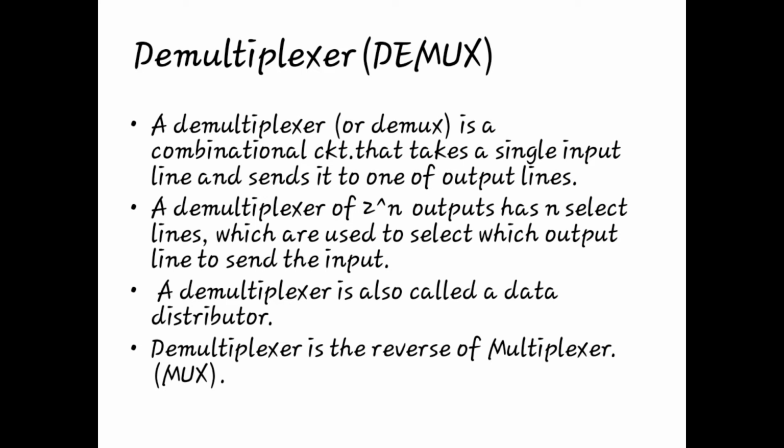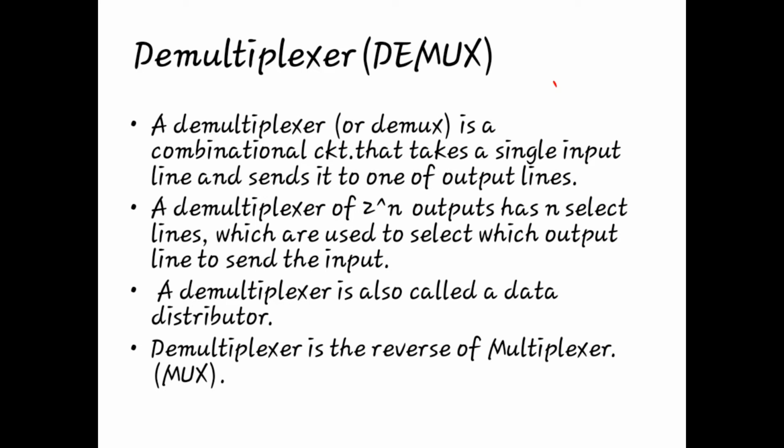As we know, when we are talking about multiple lines and it is the reverse of multiplexer, then we should know how many output lines it is going to use along with the number of select lines.